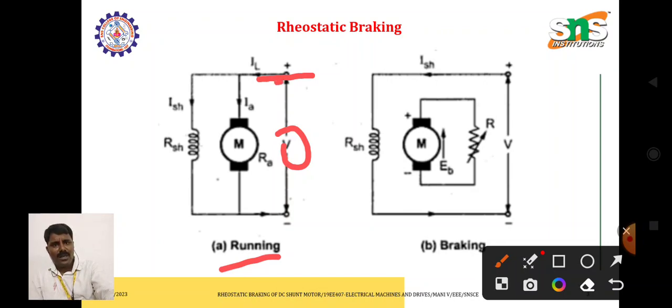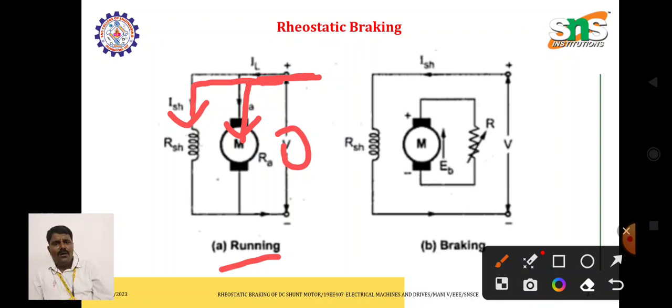One is the current through the armature, another one is the current through the field.